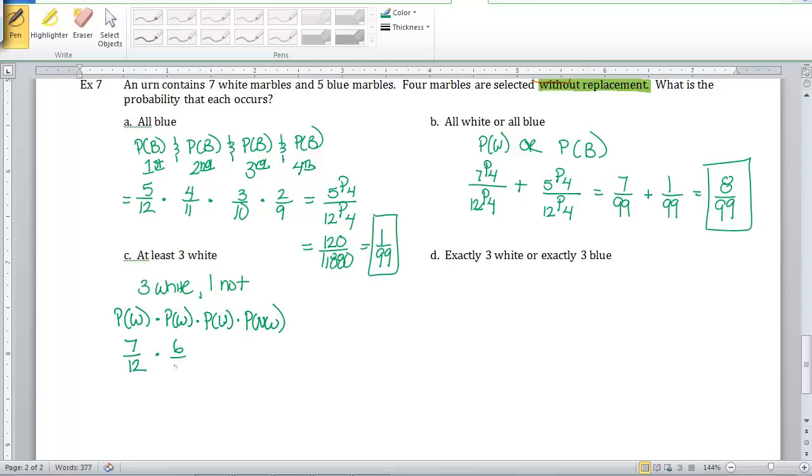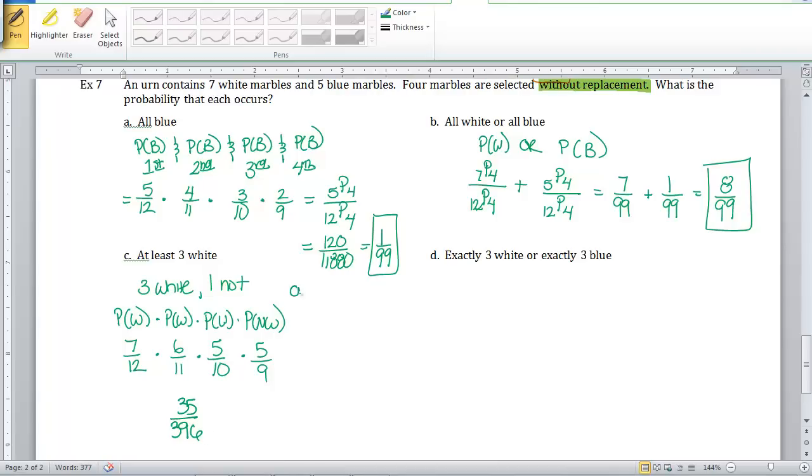Then there's 6 out of 11. And then 5 out of 10. Now when we do the non-white, at this point there are 5 blue marbles. So 5 that are not white over, remember, 3 are gone from the total, so 9. This would calculate out to 35 over 396.